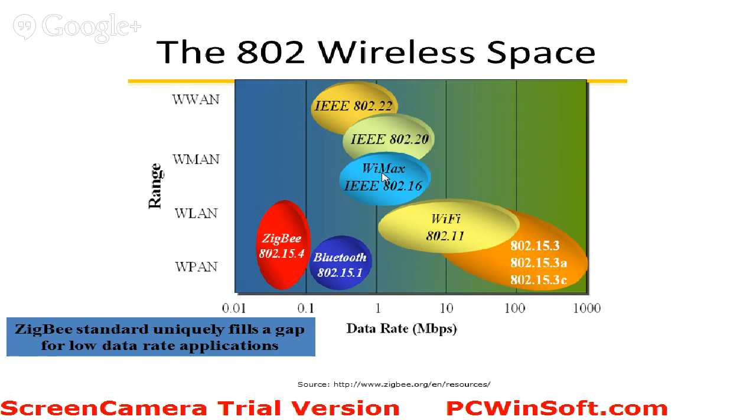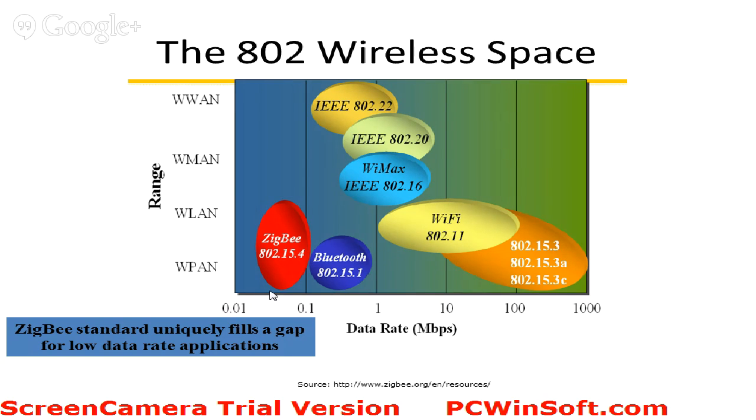And then you have Bluetooth, which works in the data range of 0.1 to 1 Mbps, and further the data rate has been enhanced in the range of 2 to 3 Mbps also, as we discussed yesterday. But there was a gap in this range.